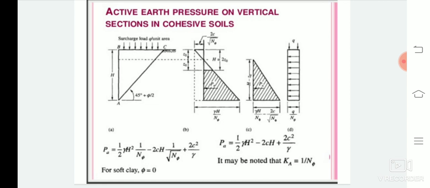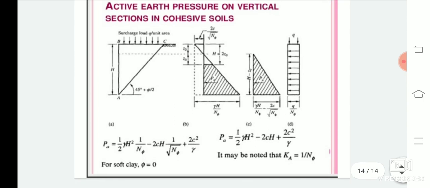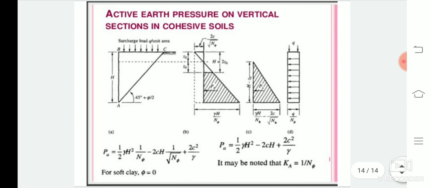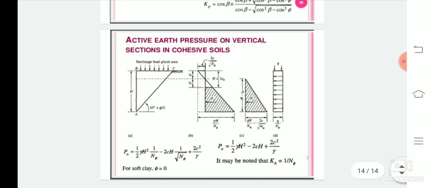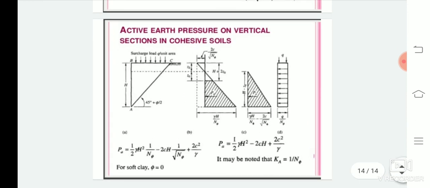The height up to which the tension prevails is Z0, and double of this height is known as the unsupported height of the vertical cut. In the case of very soft clay or very cohesive soil, the value of phi is taken as 0. So these are the theories of active and passive earth pressure for both cohesive and cohesionless soils.